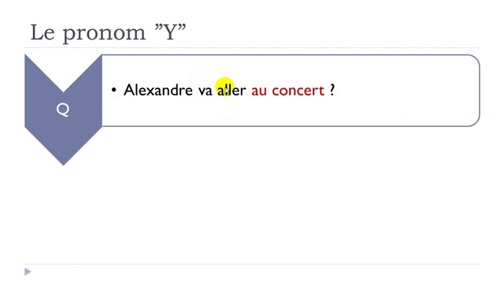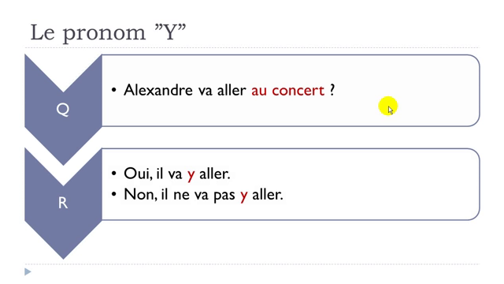Alexandre va aller au concert? So it looks a bit strange, sorry about that. He's going to go at the concert. I know, I know, but it's just to show you how it works, and I don't want to change the sentence, okay? So, oui, il va y aller. Okay, so you can see here now that this pronoun y should be before the second verb, okay?